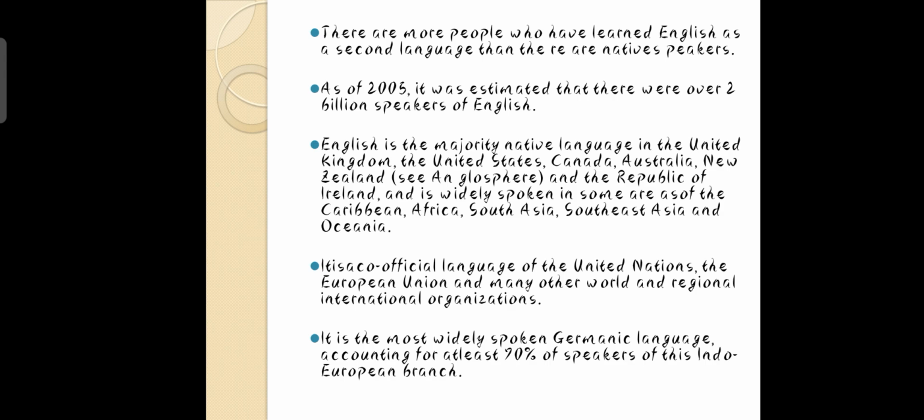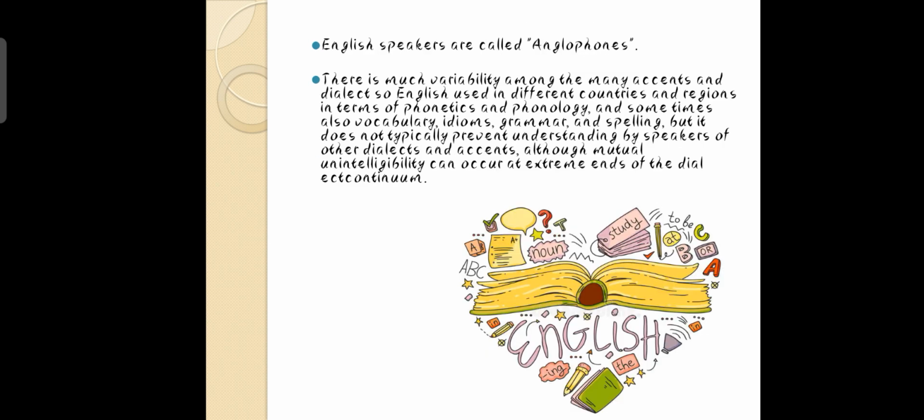It is an official language of the United Nations, the European Union, and many other world and regional international organizations. It is the most widely spoken Germanic language, accounting for at least 70% of speakers of this Indo-European branch. English speakers are called Anglophones.